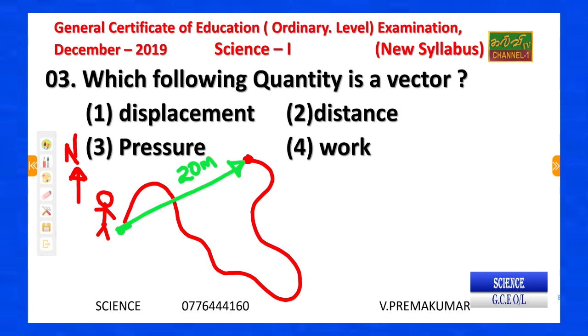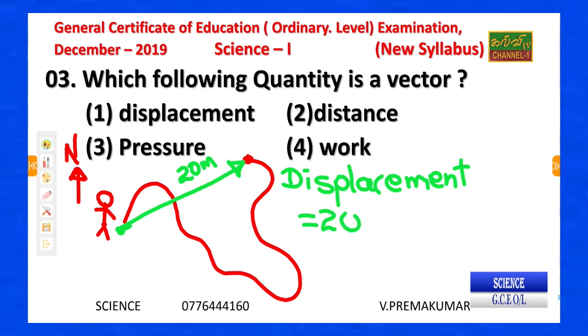So when we express displacement, it is 20 meters, but the direction has to be mentioned here.